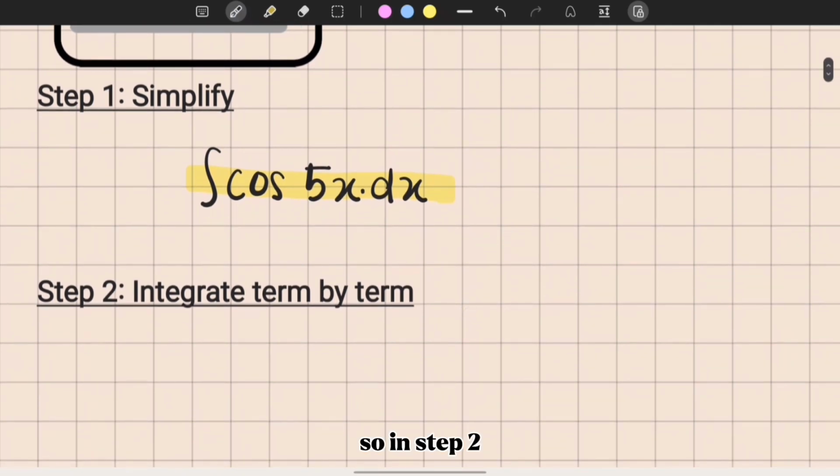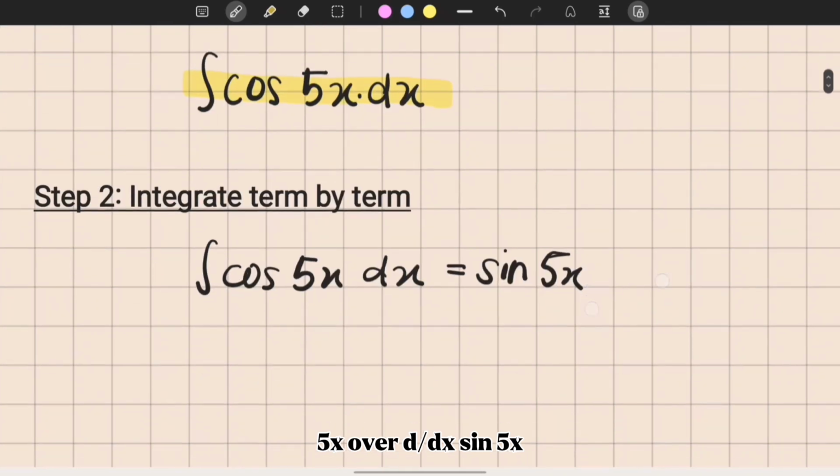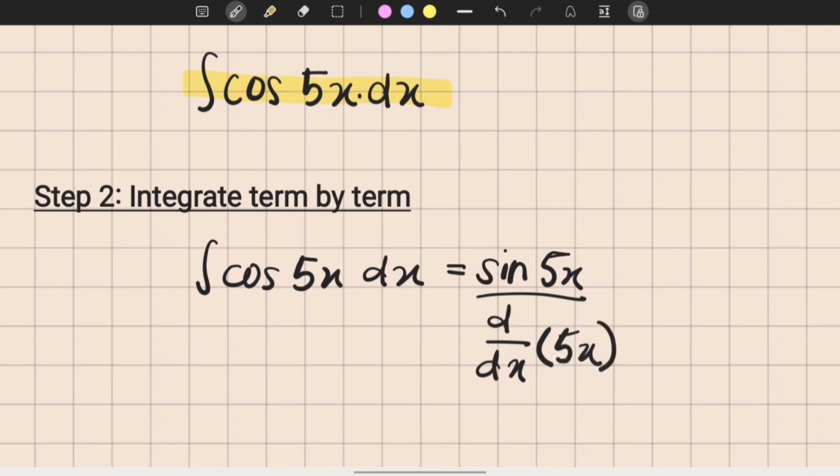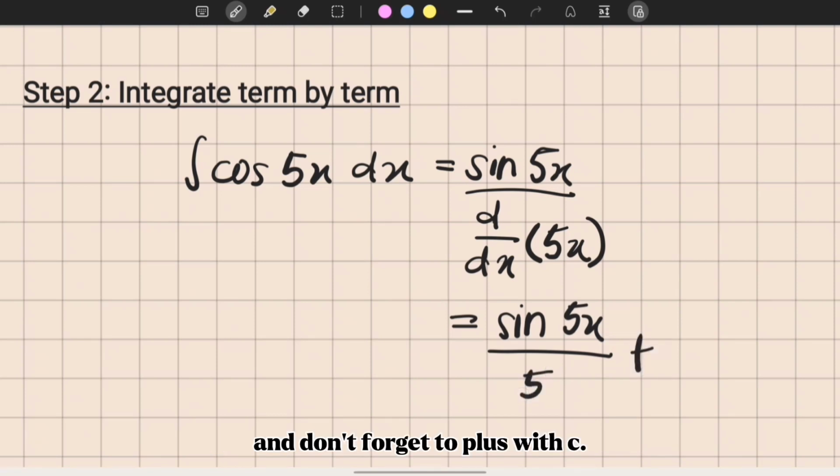So, in step 2, the integration of cos 5x dx is equal to sine 5x over the derivative of 5x. Next, derive the 5x, it will become sin 5x over 5. And don't forget to add c.